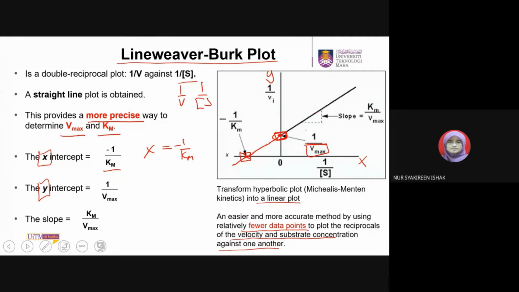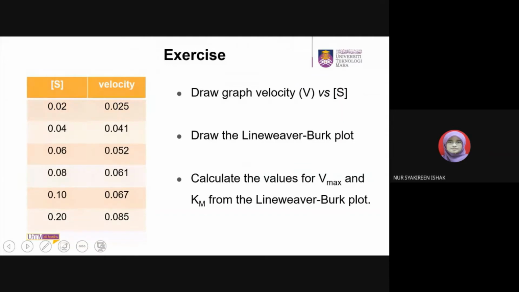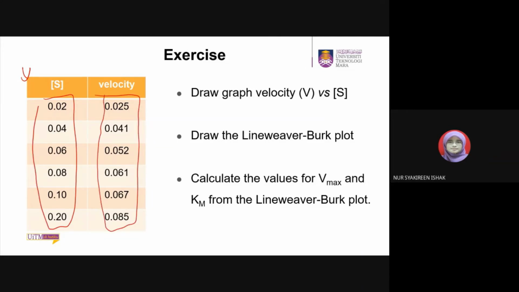Okay, so you have an exercise here. In this table, it gives you a value for substrate concentration, and it gives you the value of the rate of reaction, the velocity. Usually in the question they will give the units. So make sure when you are answering the question in your exercise, or for example if it comes out in the exam, you must write the unit.